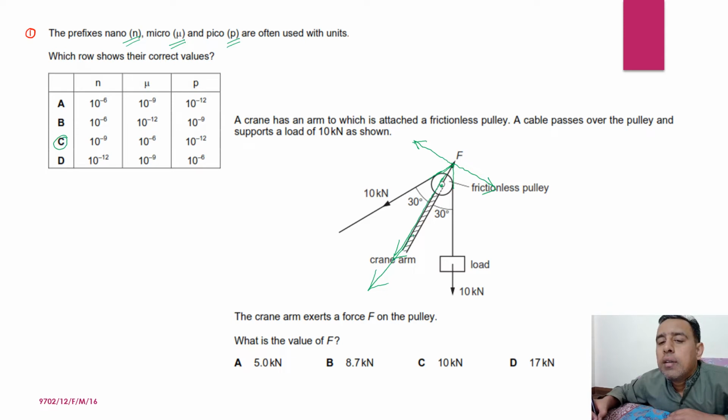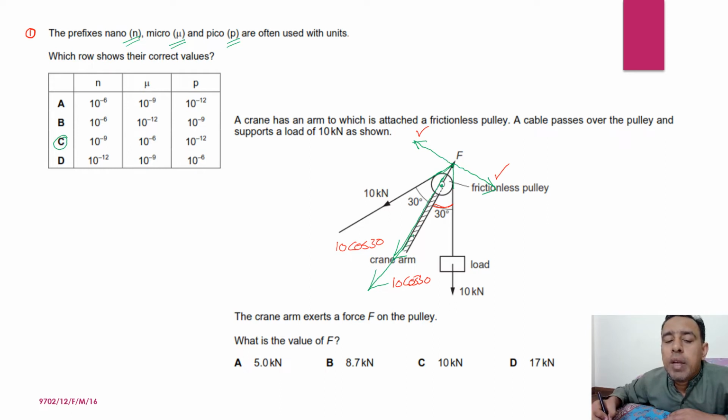This is the angle. The component which is close to the angle is cos, the other is sine. So this component is 10 cos 30, the other one is also 10 cos 30, while these two components are 10 sin 30, which is not required.